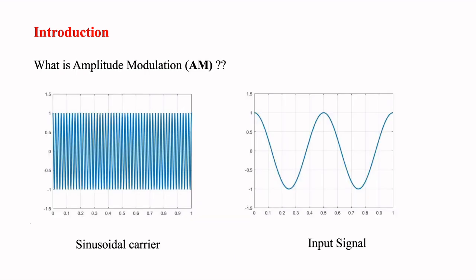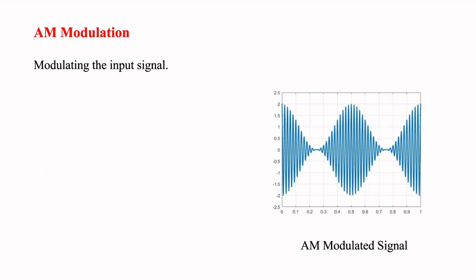So what is amplitude modulation? Amplitude modulation is simply that we have a carrier signal and we can change the amplitude of this carrier signal in accordance with the input signal. Like for example, if we have this carrier signal with amplitude 1 and this input signal, performing AM modulation, we can get the following AM modulated signal.